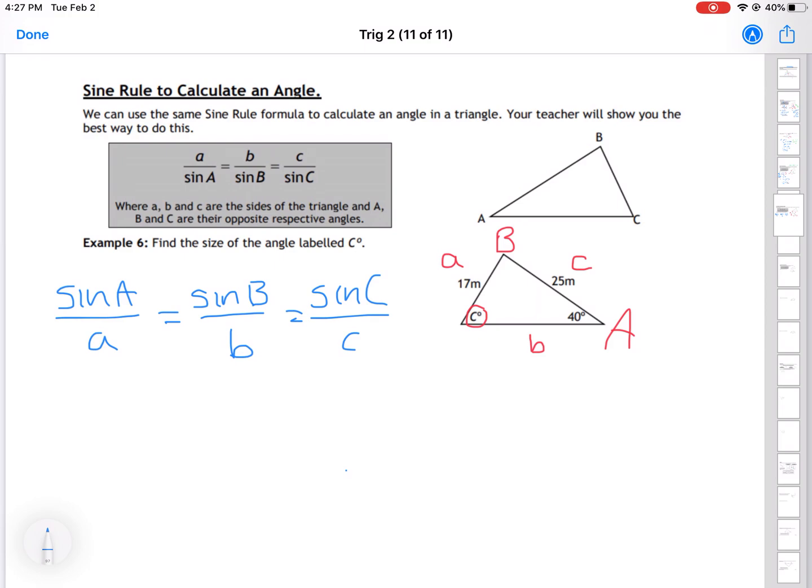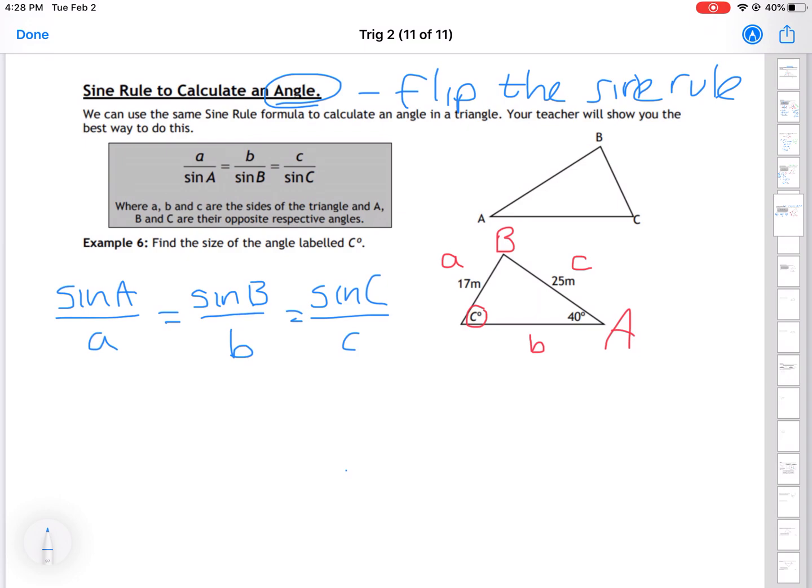We're able to do that, but it also means that we don't have to start cross-multiplying anything a little bit later on. So when finding an angle, we are going to flip the sine rule. A's are still with A's, B's are still with B's, everything's just on the opposite side of the fraction.